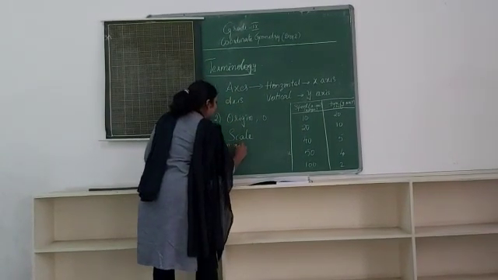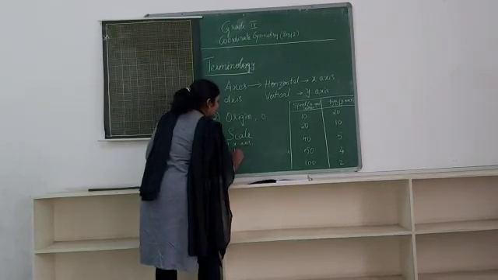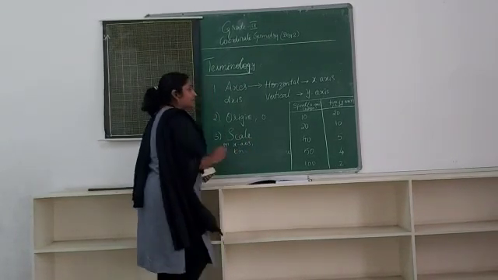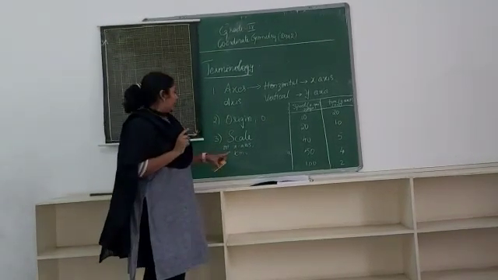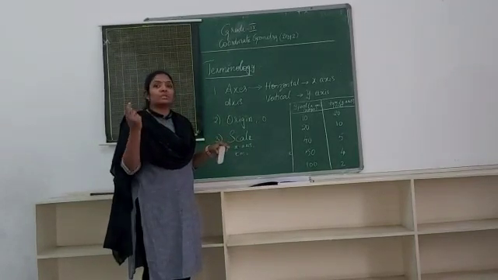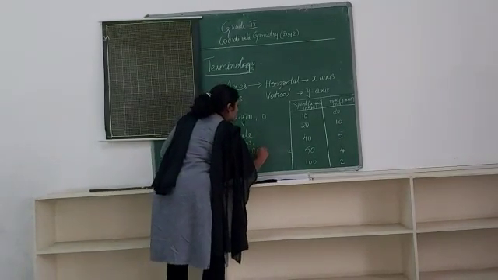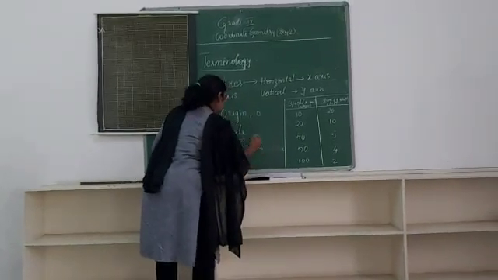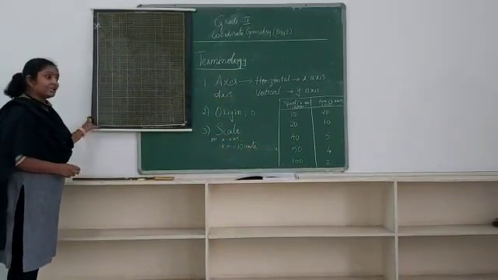On the x-axis, as I told you, the entire graph sheet is divided into 10 squares of 1 by 1 centimeter. So 1 centimeter is equal to 10 units on the x-axis.